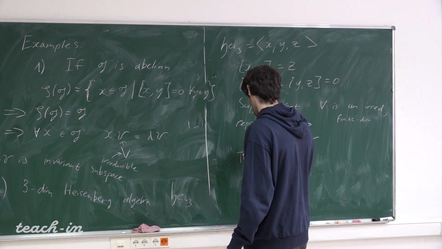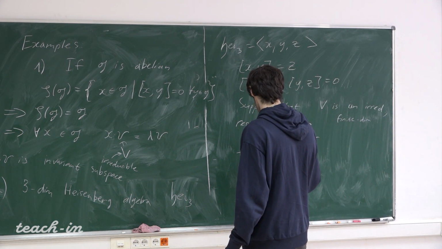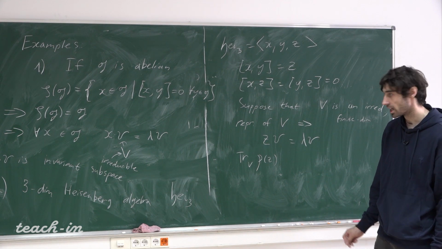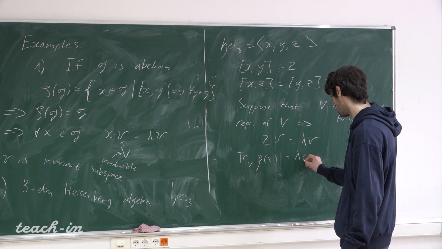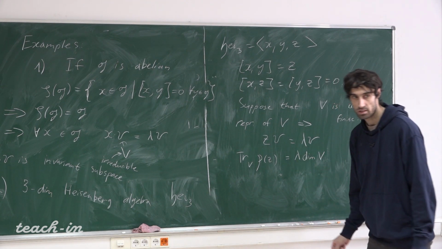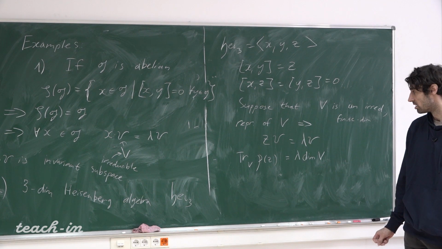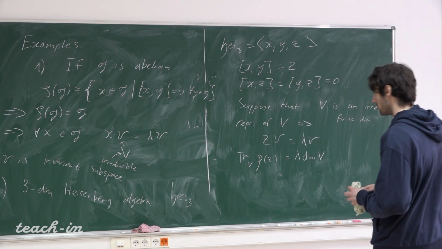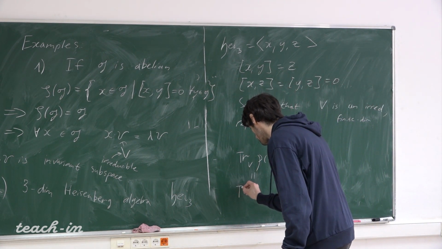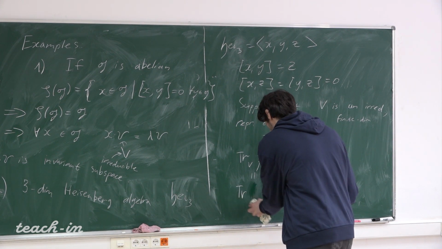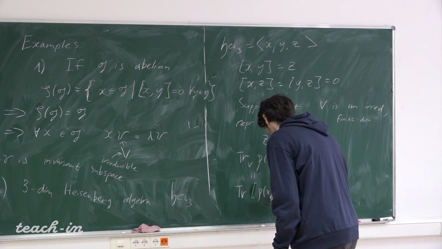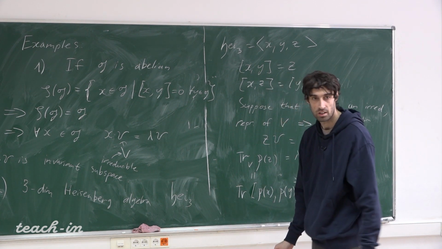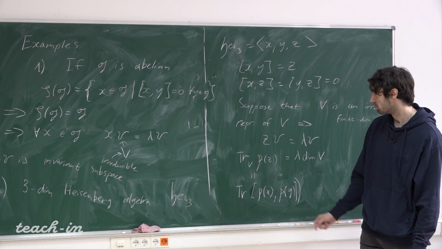Then compute the trace of rho of Z over V. This will be just lambda times the dimension of V. On the other hand, this is the trace of rho of x, the commutator, rho of y, because of this.